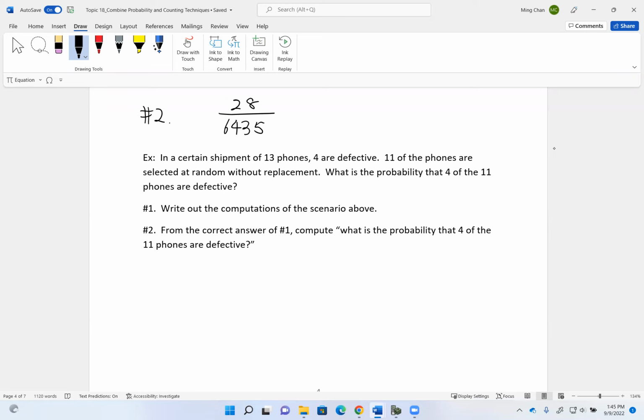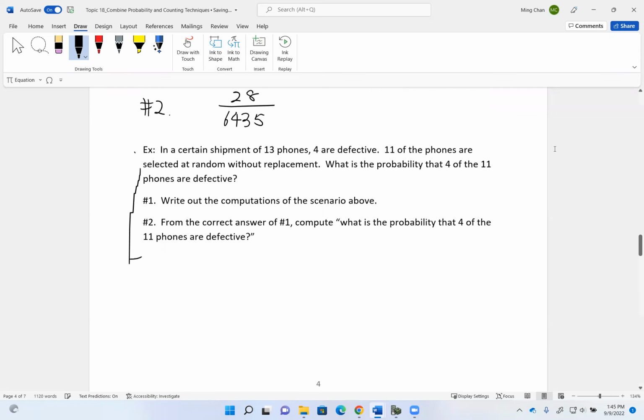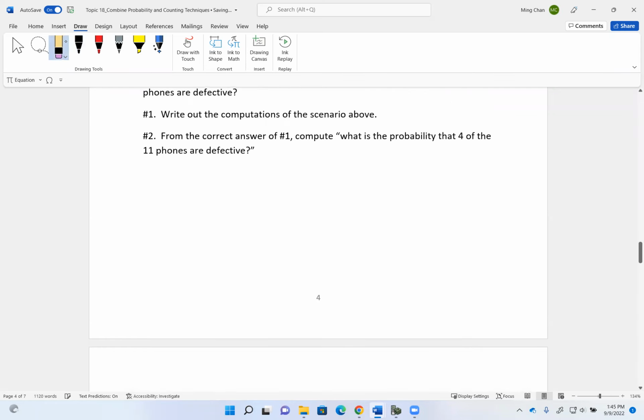What is the probability that 4 of the 11 phones I picked out are defective? So I am trying to select all 4 defective phones. So this question is asking, what's my probability of selecting 4 of the 11 defective phones?